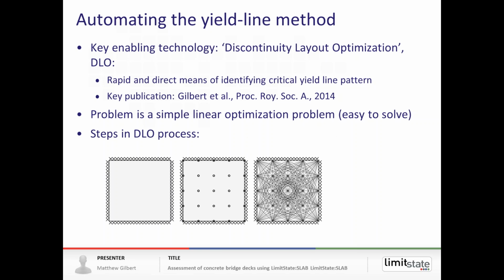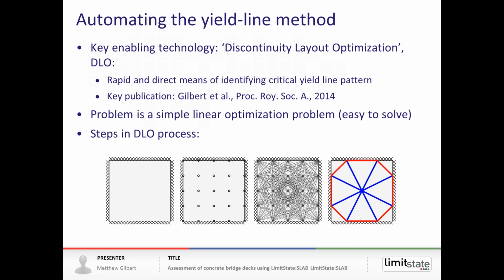And then we use optimization to find the critical subset of discontinuities that defines the yield line pattern. And you can see here the simple pattern that's been identified in this particular case. The more nodes we have, the more accurate the yield line pattern is likely to be, or the closer it is to the true pattern.